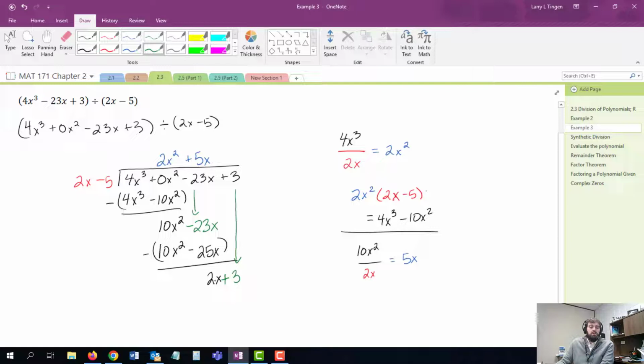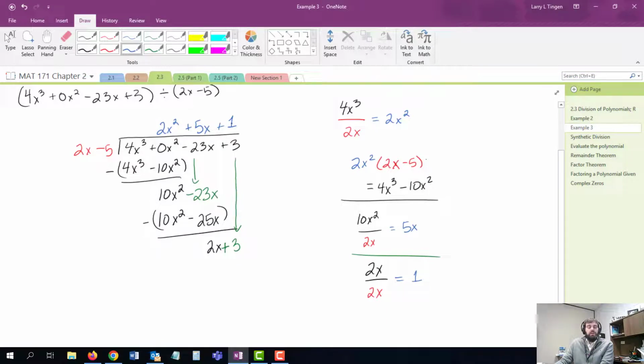2x goes into 2x how many times? 2x divided by 2x. Super boring? Yeah, because that is 1. So plus 1.